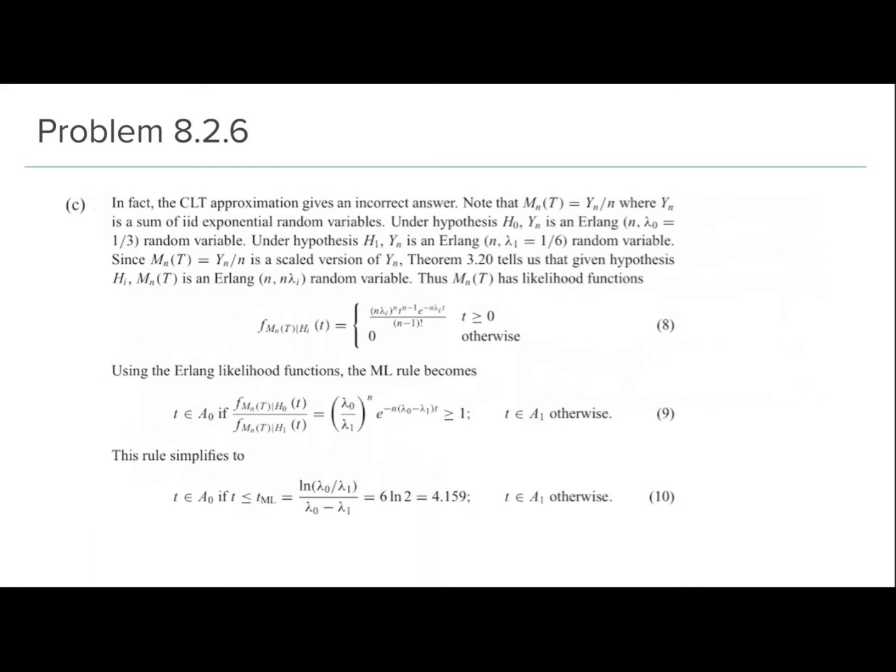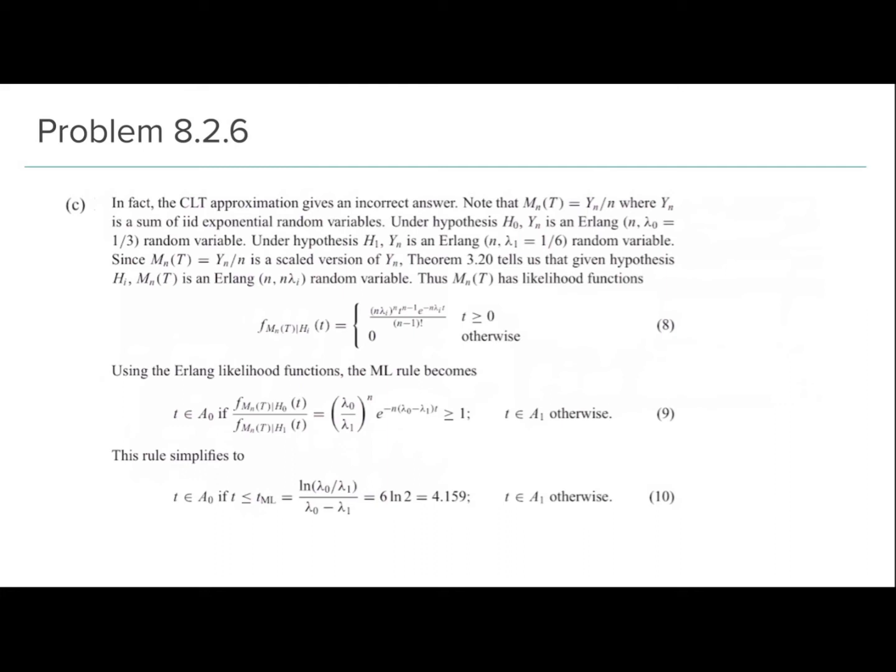So now the ML rule is basically t will belong to A0 if f of Mn(t) given H0 divided by f of Mn(t) given H1 is greater than or equal to 1, right?